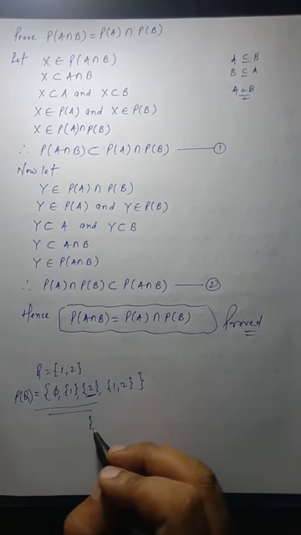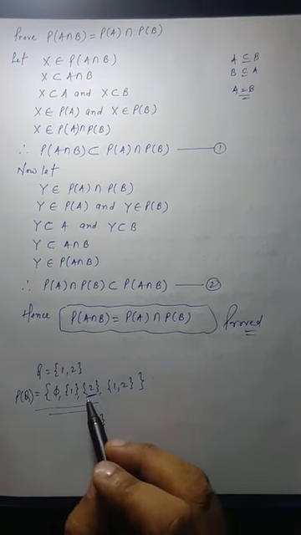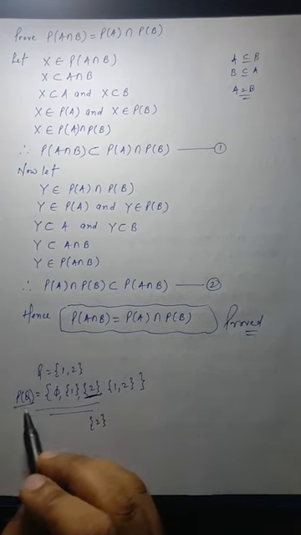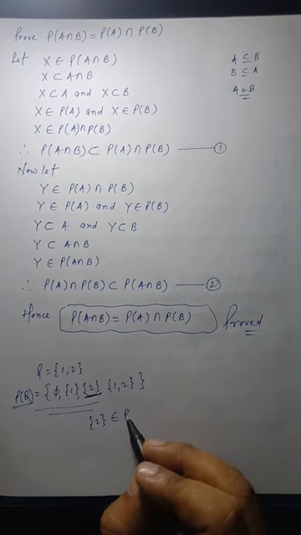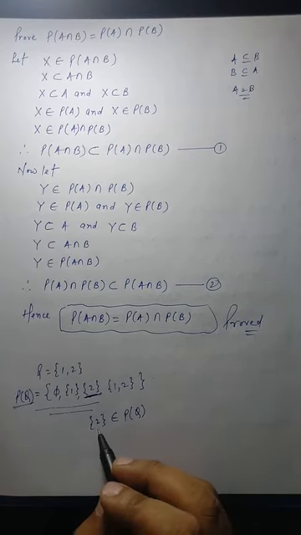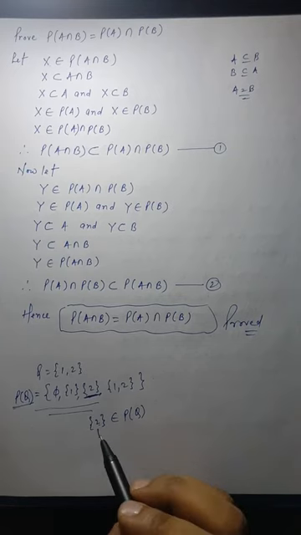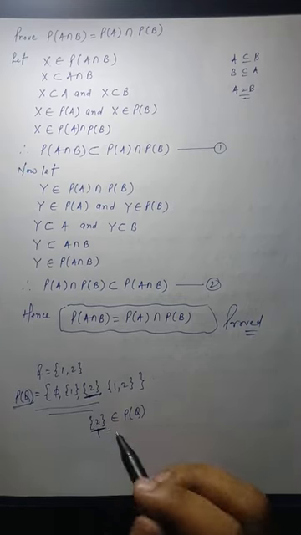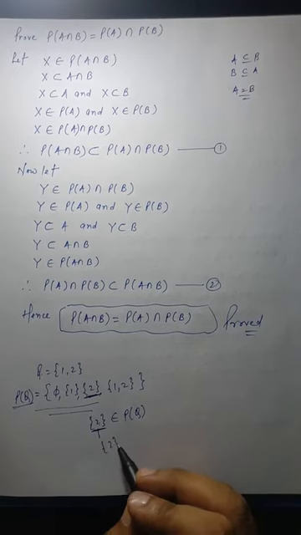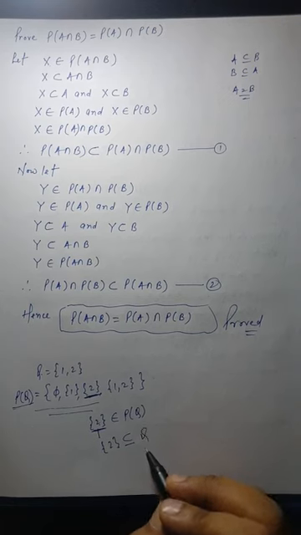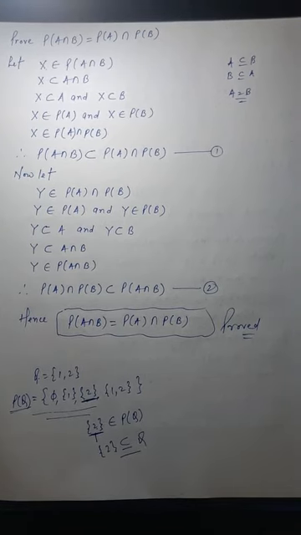So this element {2} belongs to P of Q, and at the same time this element {2} is a subset of set Q, correct?